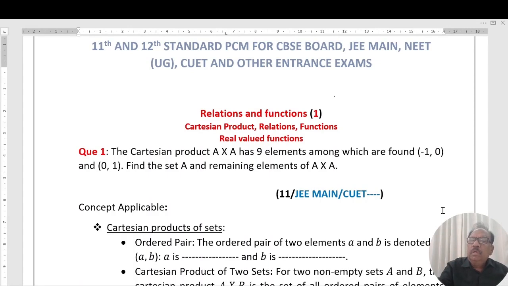In today's session, I am going to discuss Chapter 2, Plus 1 Math, Relation and Functions, in which I will discuss one by one what is Cartesian product, what is relation, what is function, what is real valued functions.